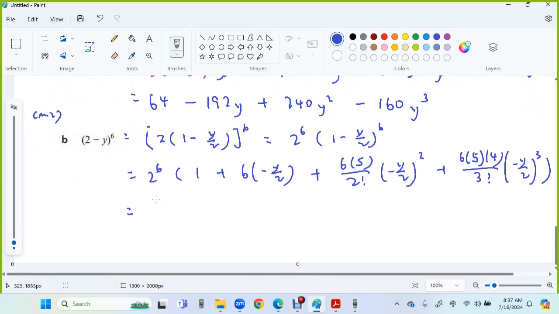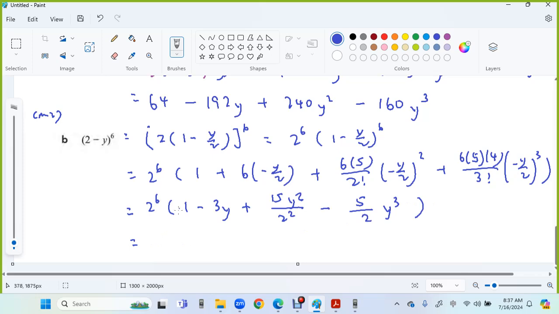Then we have the 2 power 6 times 1 minus 3y, plus 15y squared over 2 squared, and then minus 20 over 2 cubed, which is 5 over 2, y cubed.